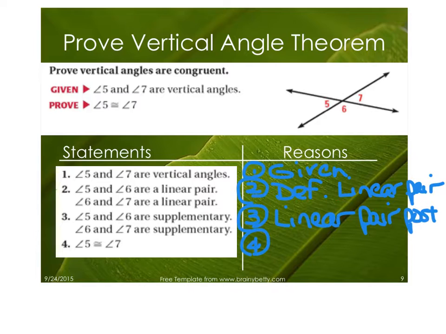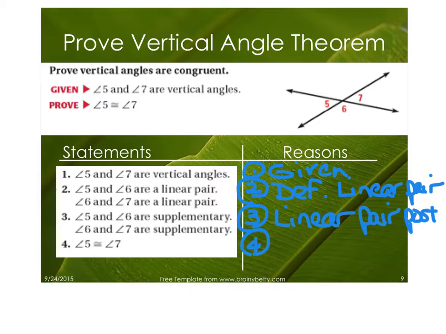Okay. So if 5 and 6 are supplements and 6 and 7 are supplements, then what would be our reason for step 4? Yes. Substitution. Let's go back to the beginning. What did we learn? The first postulate?